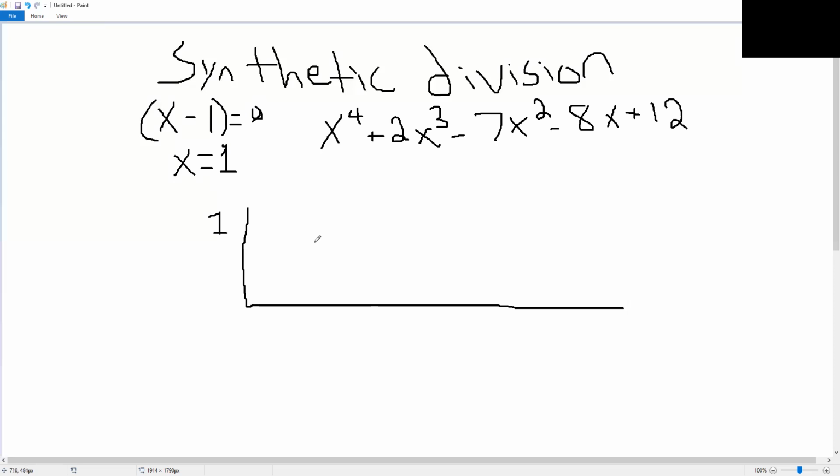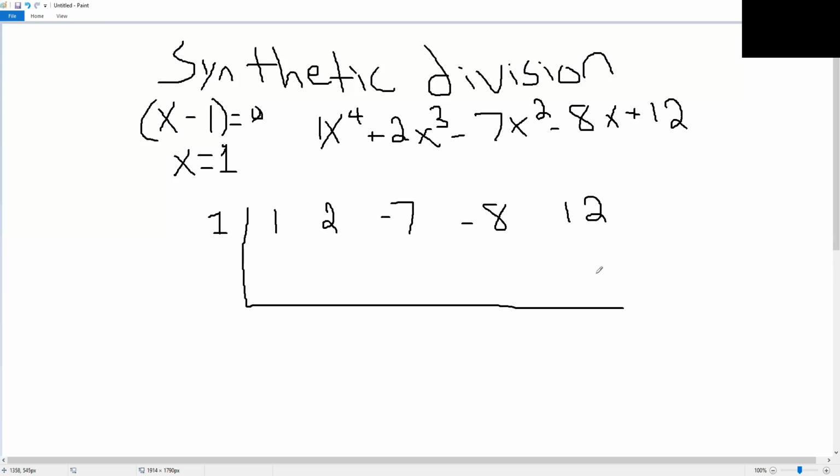Now, let's write the coefficients and the constant down. So for this x to the fourth, we have a coefficient of 1. This one has a 2. This one has a -7. This one is a -8. And this is just 12. Okay.